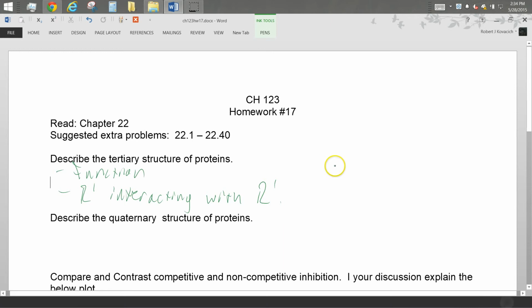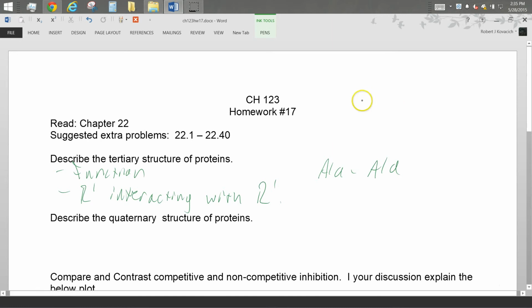So it would be something like an alanine interacting with an alanine. Why would those two interact with each other? They're the same. They're both branch chained, so they're nonpolar.